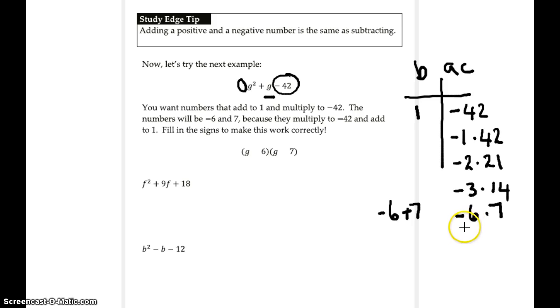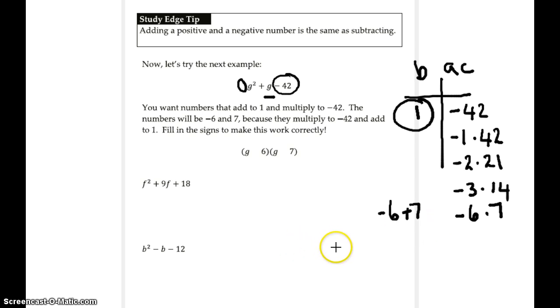I knew that the positive number had to be greater than the negative number because this number is positive. So I knew that I should start off with smaller negatives than positives, and that's just a technique. Otherwise, I could have started off the opposite and started off with positive 1 and negative 42, but we would have had to go through a lot more numbers until I got to our factor.